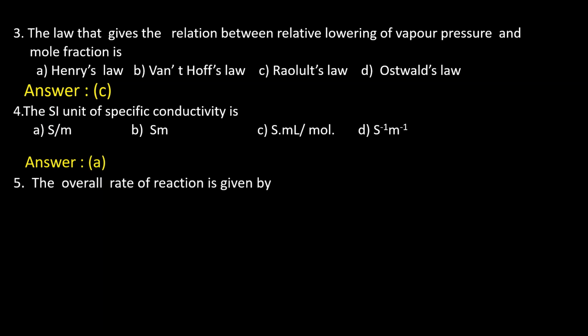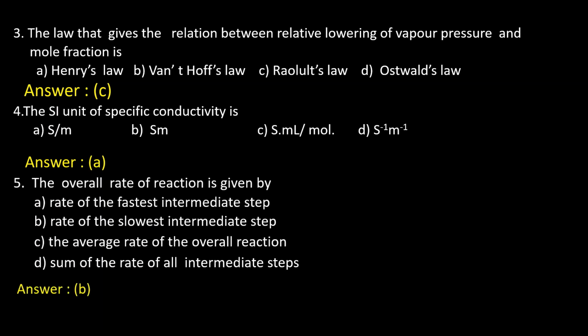Question number 5. The overall rate of reaction is given by A. Rate of the fastest intermediate step, B. Rate of the slowest intermediate step, C. Average rate of overall reaction, D. Sum of the rate of all intermediate steps. Dear friends, the correct option for this is the second option, B. Here, if the reaction is taking place in more than one step, then the slowest step will be determining the rate of reaction.